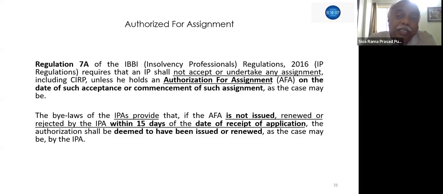The bylaws of the IPA provide that if AFA is not issued, renewed or rejected by the IPA within 15 days from the date of receipt of the application by the IPA, the authorization shall be deemed to have been issued or renewed, as the case may be, by the IPA. So if you have applied and 15 days cross, it is deemed that they have issued or renewed the AFA.